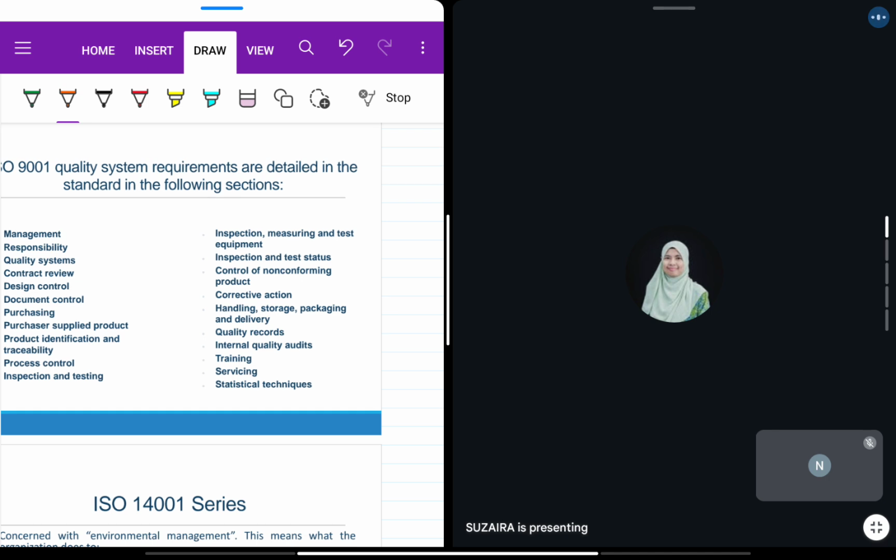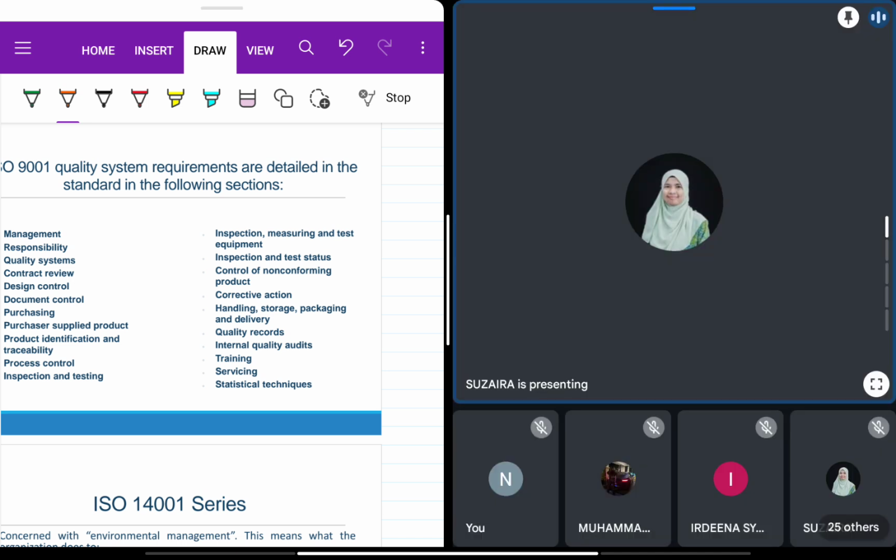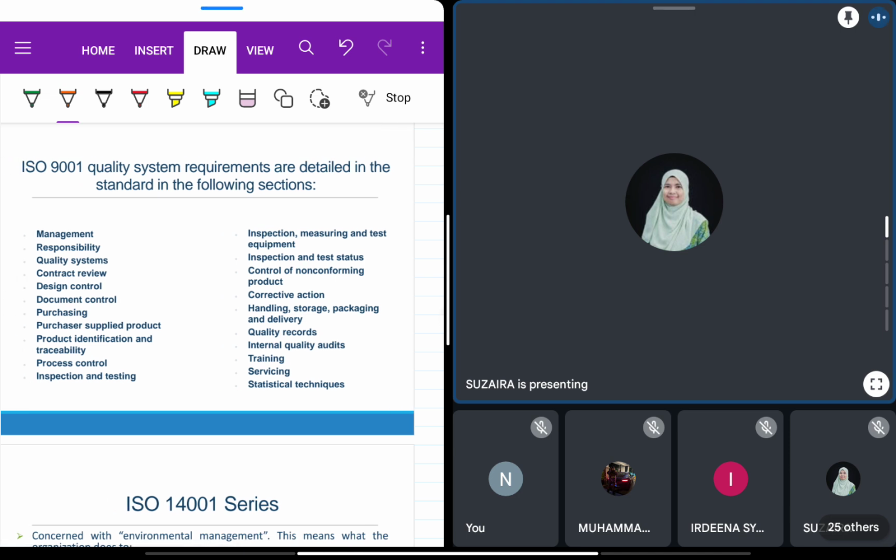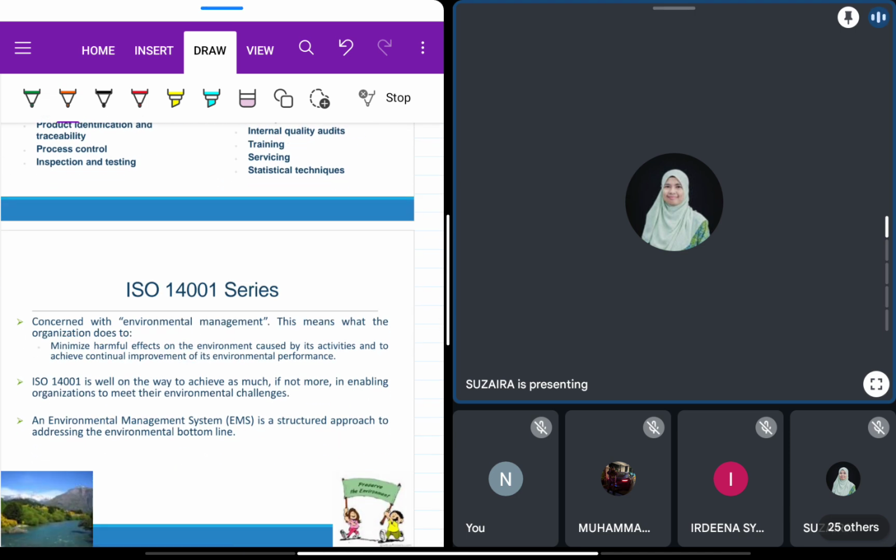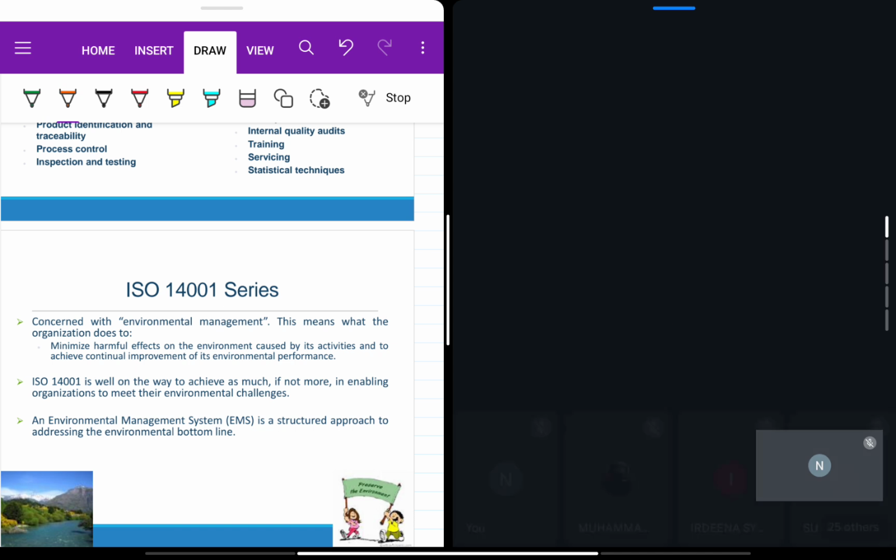purchasing, more or less the processes involved, process control, for example if you have a CCP in one particular process, and inspection and testing that you might have. Then during production, when a product is found with a defect, we call it a non-conformance or deviation.